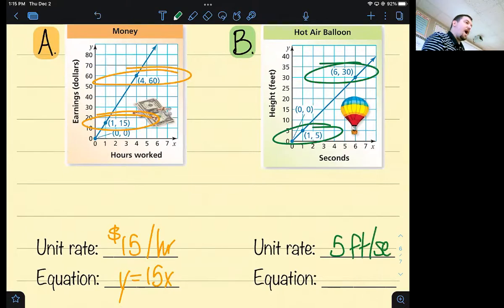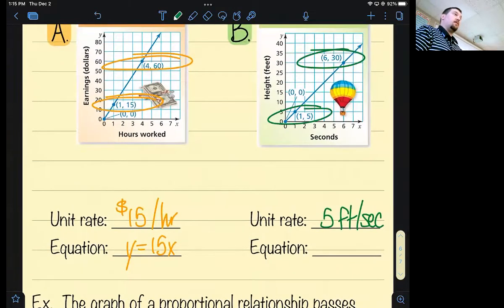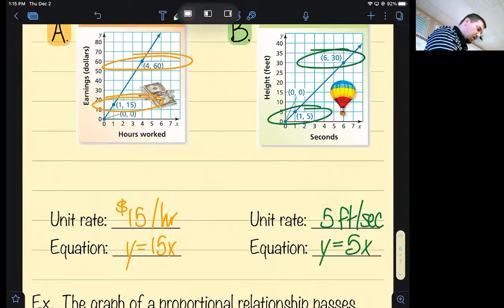Yep. So remember, since the Y always goes on top, we always put the Y label first. Feet per second. And so what's its equation going to be? Christian? y equals 5x. That's right. All the lines are going through the origin, so I don't need a y-intercept value.